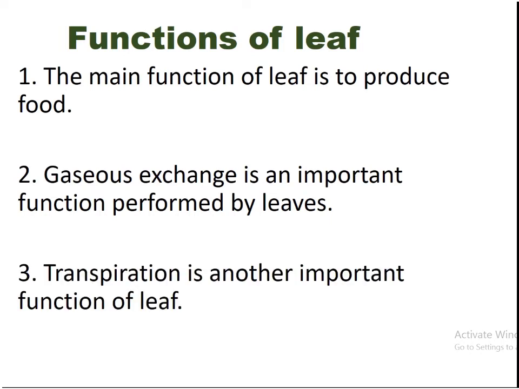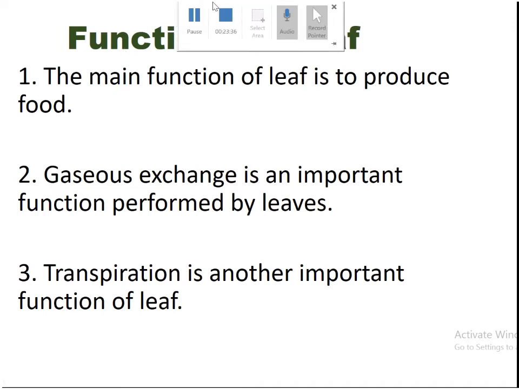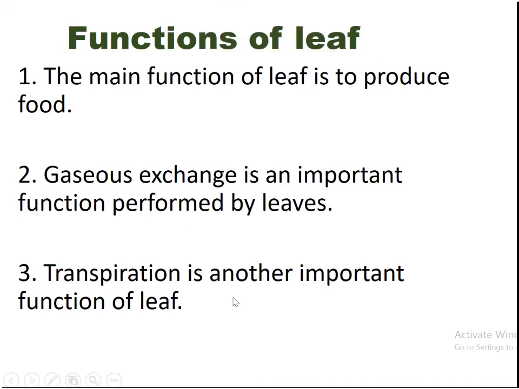The third function of a leaf is transpiration. Do you know what transpiration is? When the plant absorbs water, the leaves help release the excess water in the form of vapor, and this is called transpiration. So transpiration is another important function of a leaf.